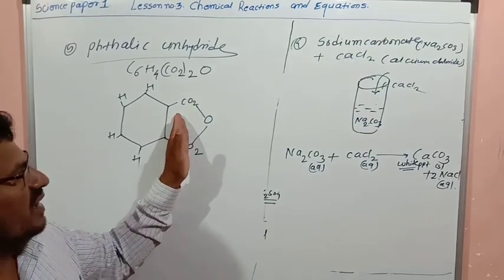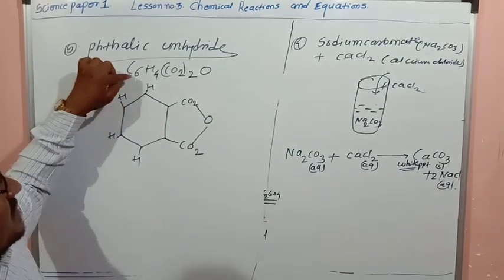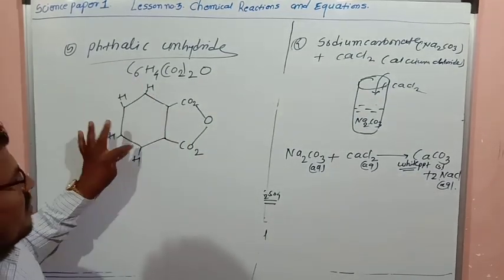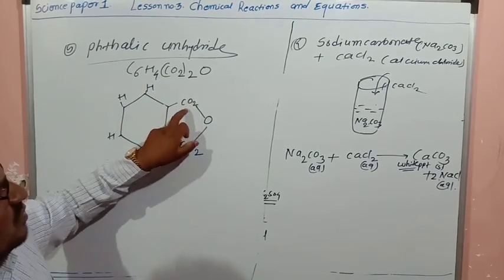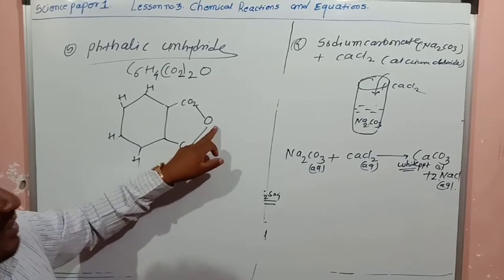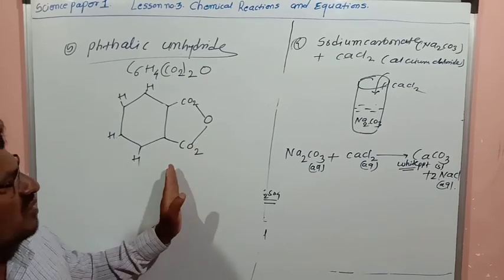So C6, 1 2 3 4 5 6, H4, 1 2 3 4, CO2, CO2, and oxygen. So like this way is phthalic anhydride.